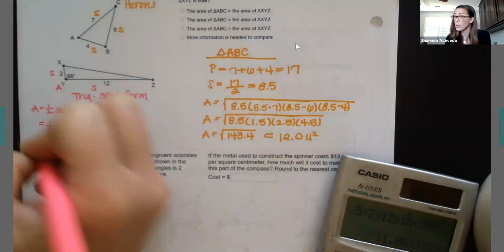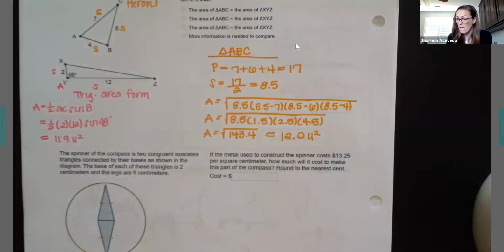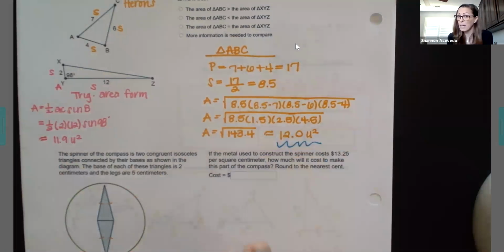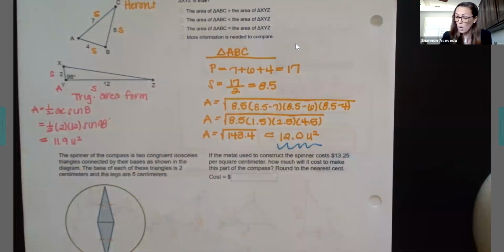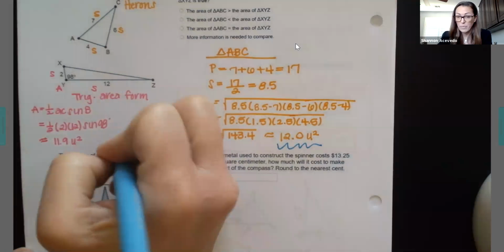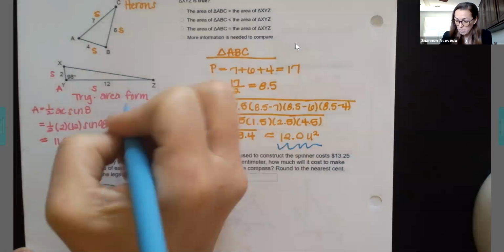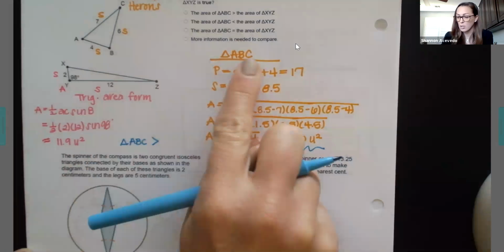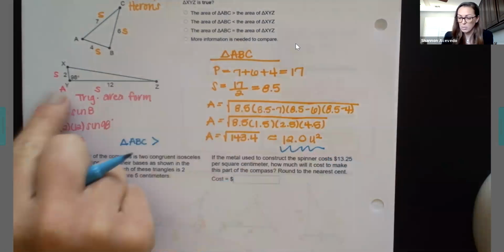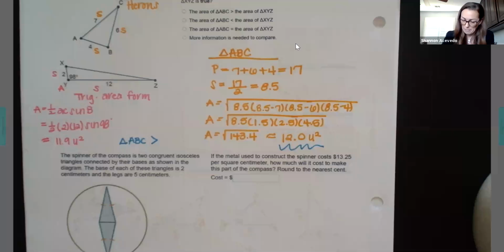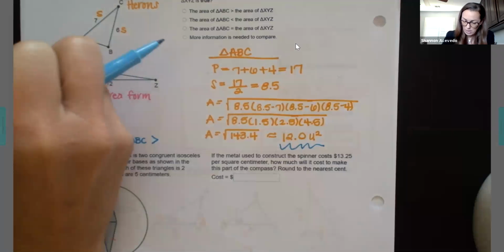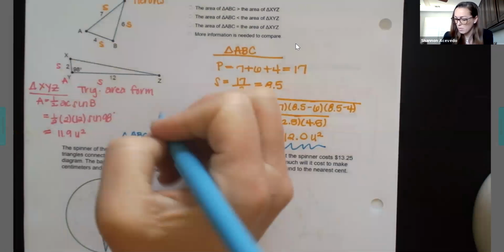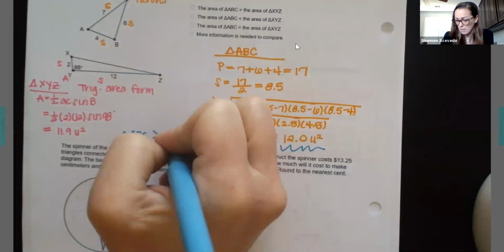They're close, super close, but if I look here, this one is larger, right? That one is bigger, not by much, but it's still bigger. And so I could say then that triangle ABC is greater than my triangle XYZ.